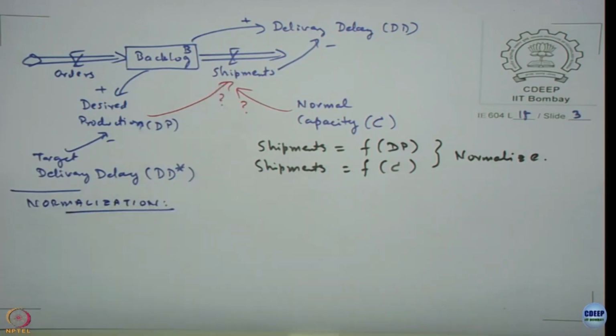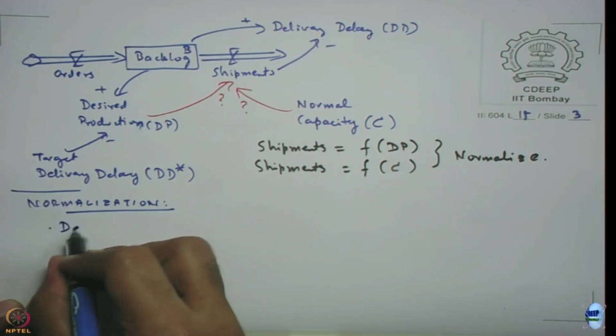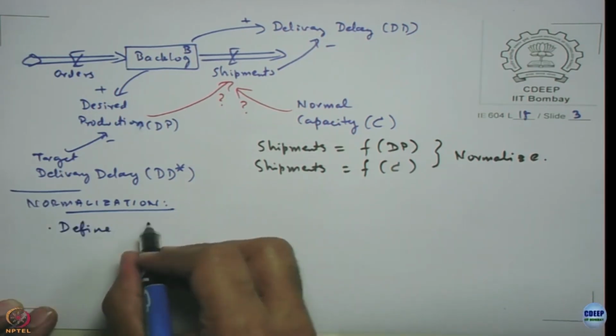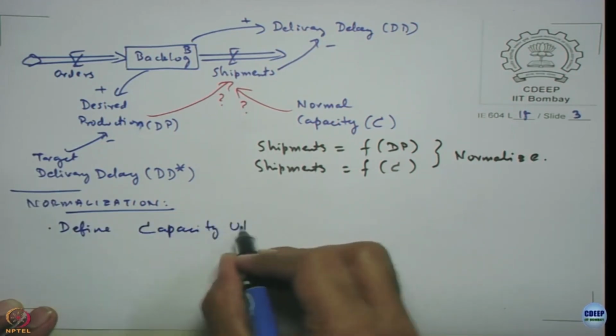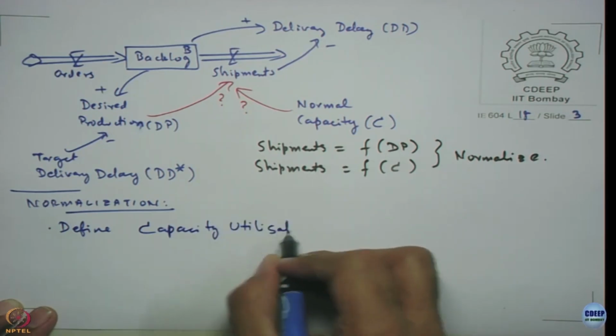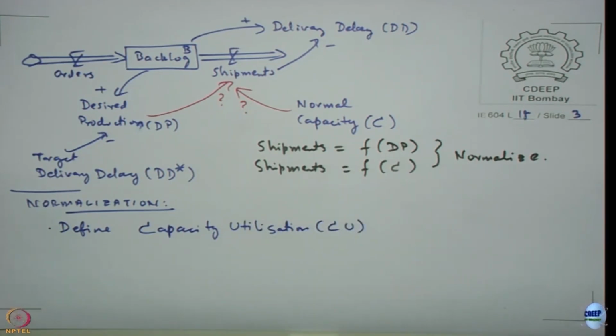Let us go in reverse. Let us define a new variable called capacity utilization.